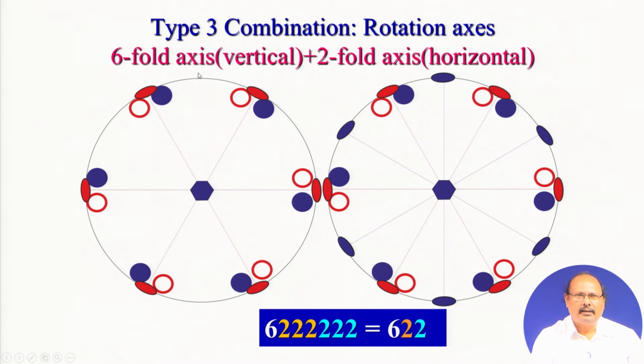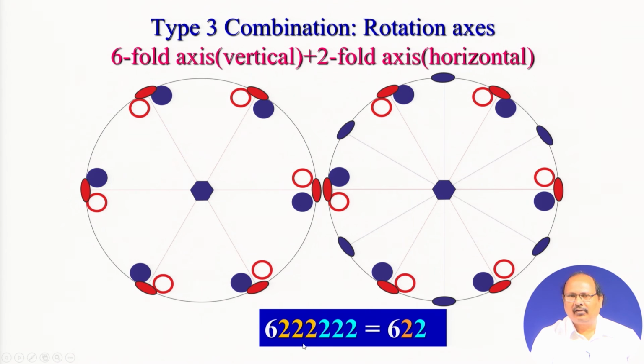And immediately you can think that another set of two-fold axes will be of this orientation, another set of this orientation, and another set of this orientation, which will relate this to this. This I have shown by this different symbol, the blue one here. So, in a nutshell, how many two-fold axes are there in the horizontal plane?